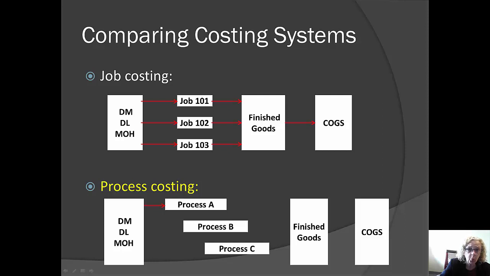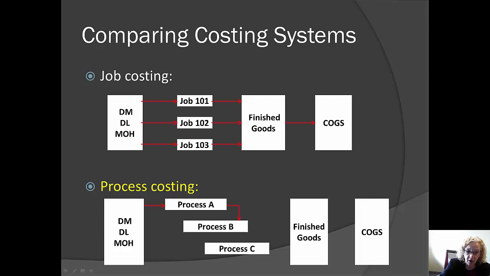That means that when a process firm starts manufacturing, it's going to send materials and labor and overhead into process one, say the mixing department. And then when materials are finished being mixed, they all flow into the second department, say the canning department.